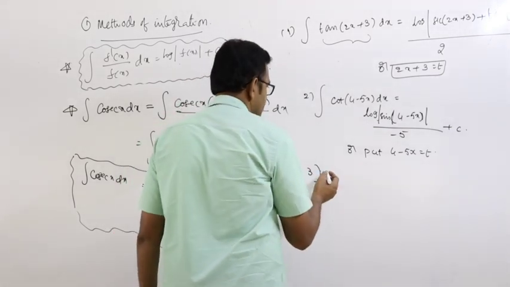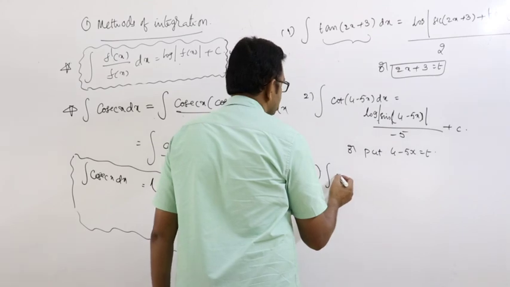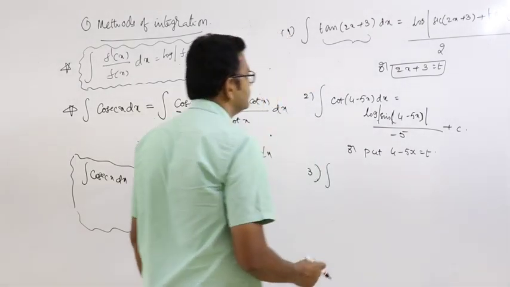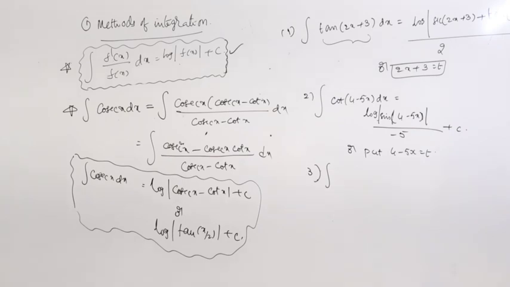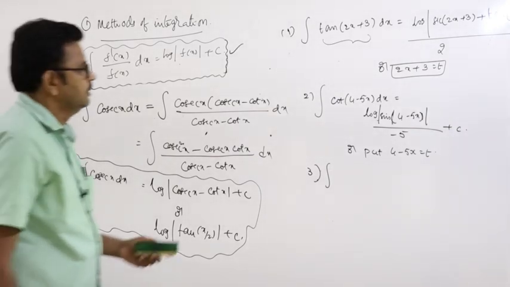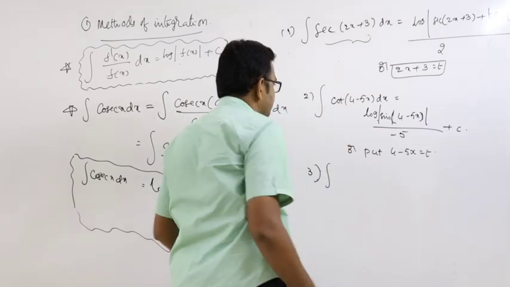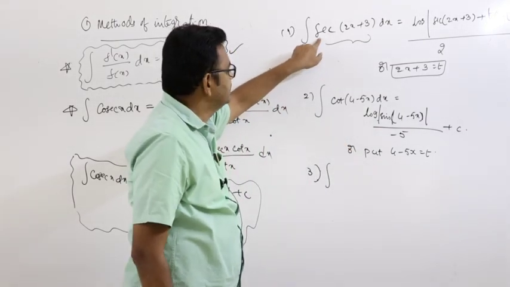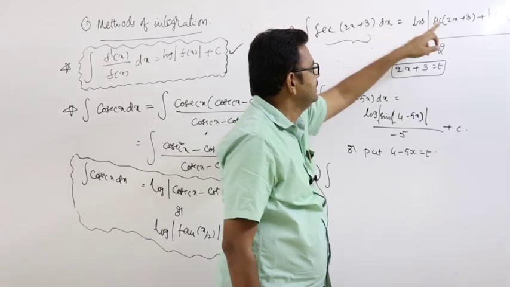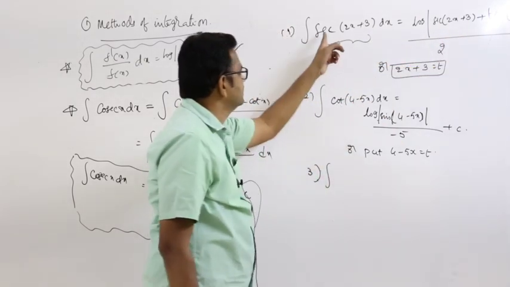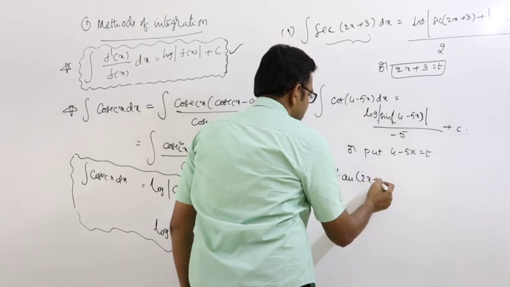Third one, the problem is integral of tan of 2x plus 3 dx.